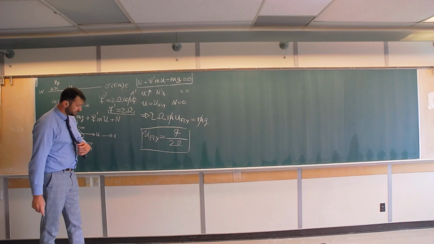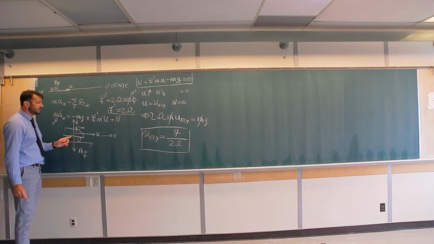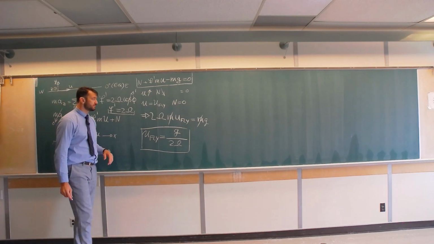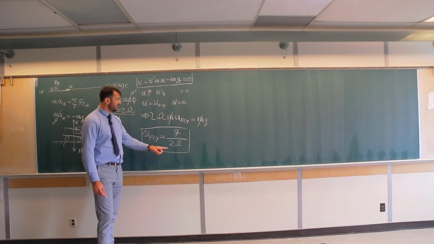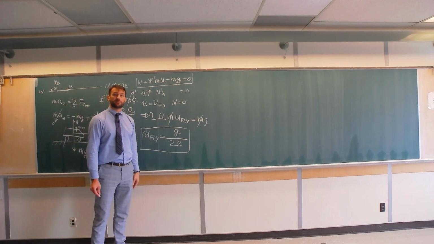And this is the velocity that car has to have in order to start flying thanks to the Coriolis force at the equator. If we are not at the equator, then here you would still have this cosine phi to account for different latitude.